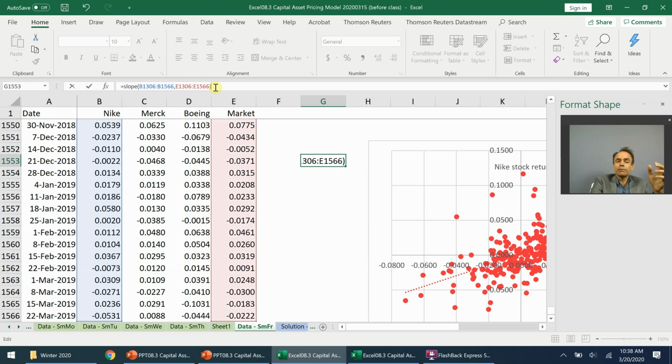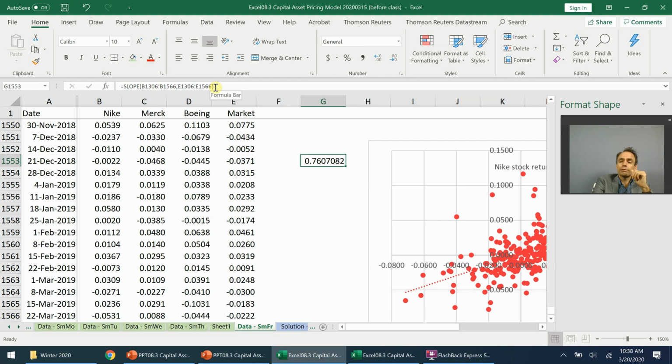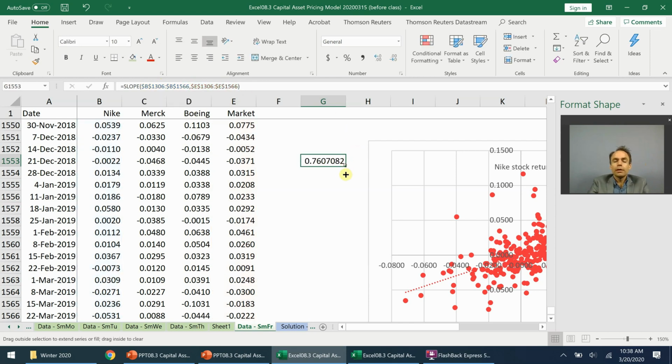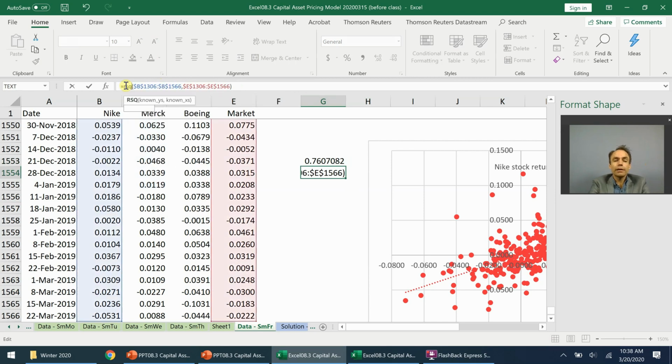Those are the X variables. So my slope function says regress column B on column E, and if I hit enter, the slope is 0.7607, the same as we had with the scatter plot and the same we got from our data analysis tab. I'm just going to lock in those cells by putting dollar signs in front of the rows and the columns. If I want to verify I've got the same R squared, I could write equals RSQ.